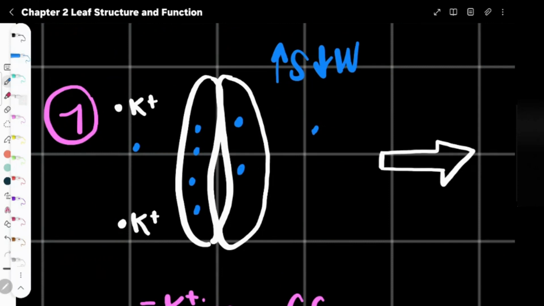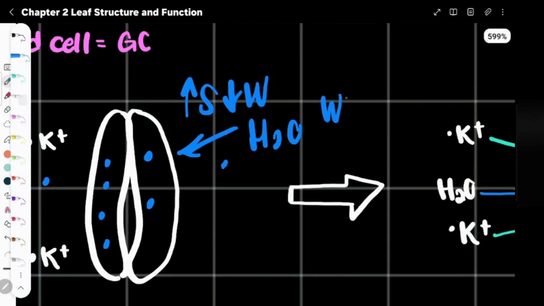So if there's low water potential here, what will happen? Remember, all things in life want to achieve equilibrium. So all the water from outside will try to enter in. Why? Because the water potential from the outside is higher than the inside. And remember, the higher water potential will go to the inside water potential.